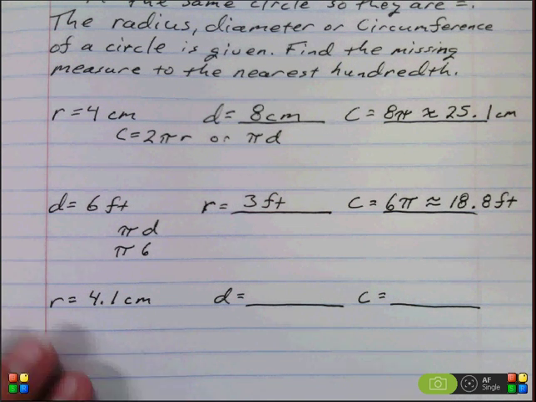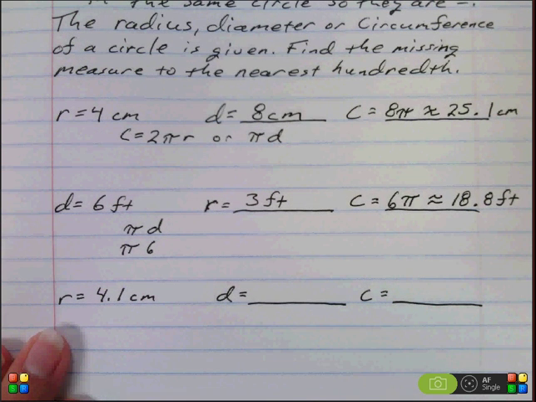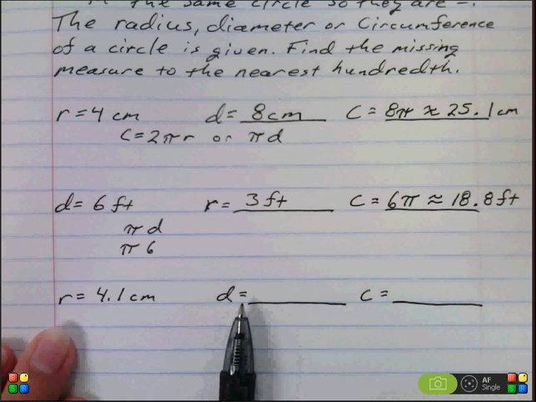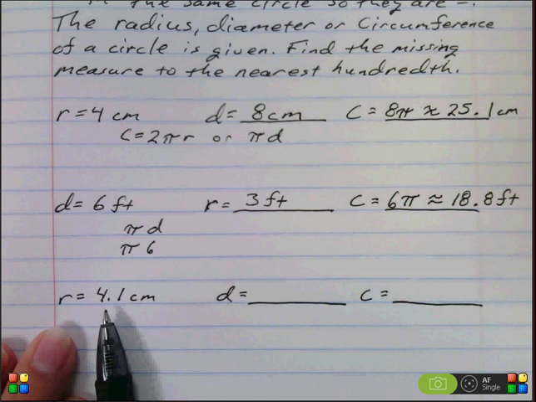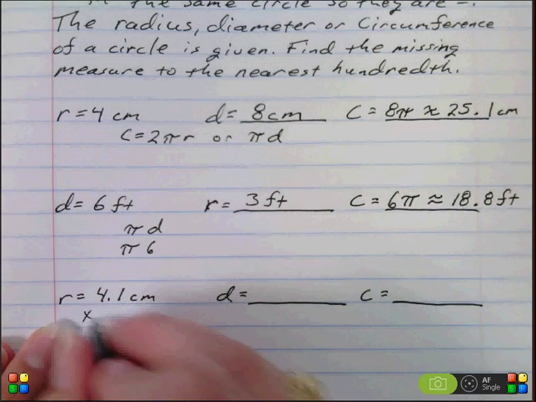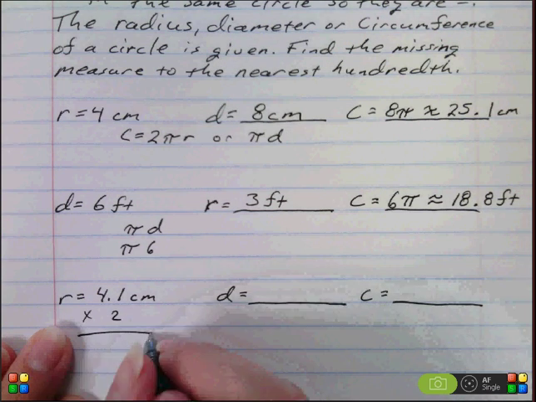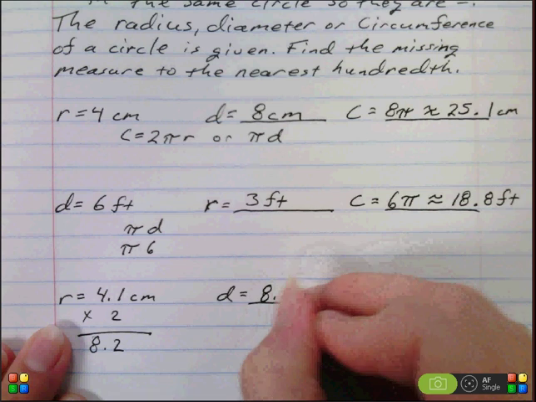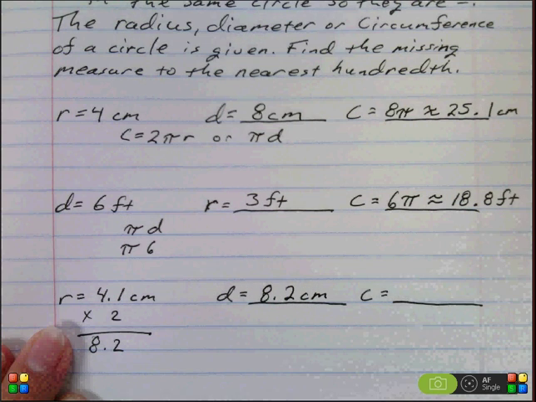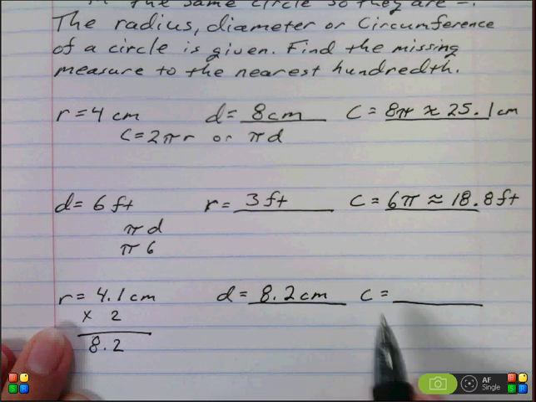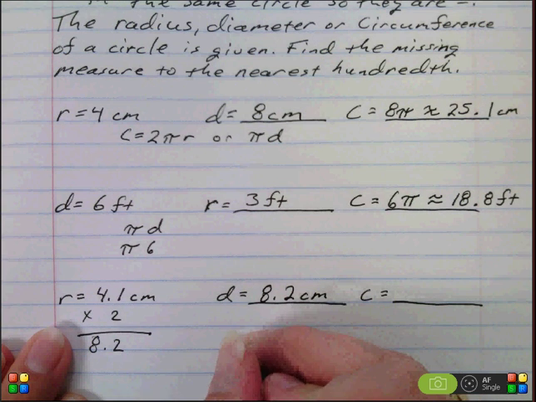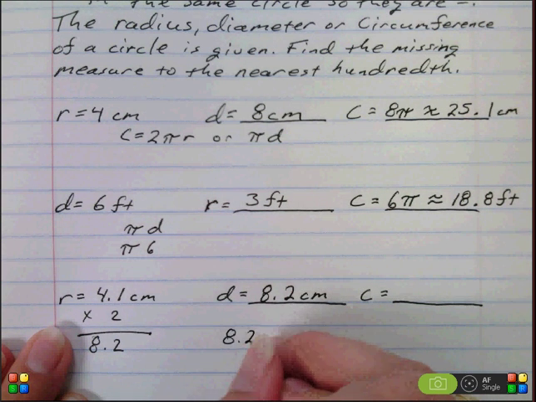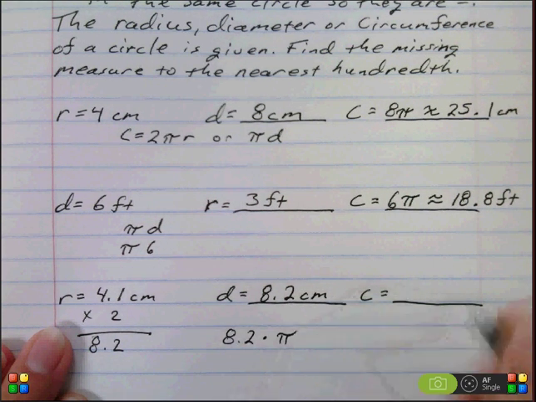Okay, let's go on to the next one. We have radius here is 4.1 centimeters. So diameter, again, has 2 radii. So we're just going to take that times 2, which gives us 8.2. So 8.2 centimeters is my diameter. And then for my circumference, I'm going to take 8.2 times pi.